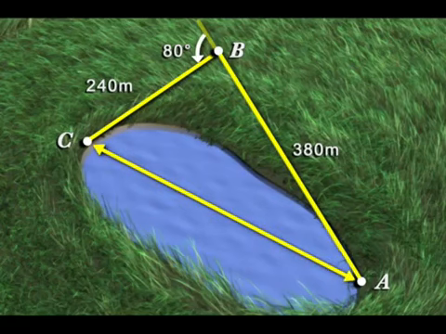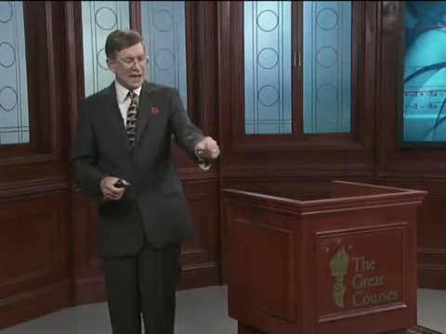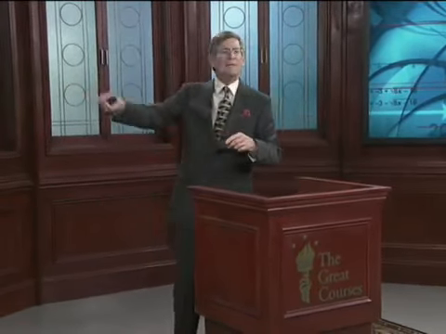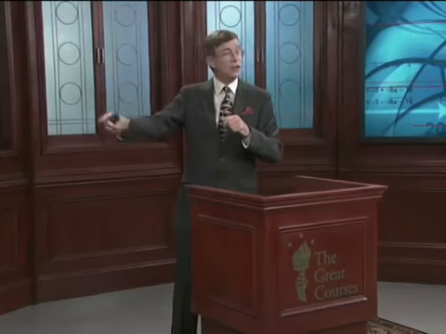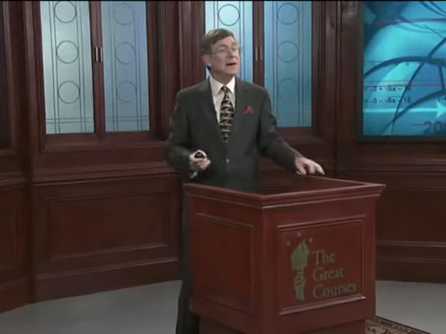Doing this little trick of starting at one point, walking a certain distance, turning an angle, walking another distance, looking back and saying, yeah, I've crossed the marsh without having to swim, and I can figure out how long it is from A to C.